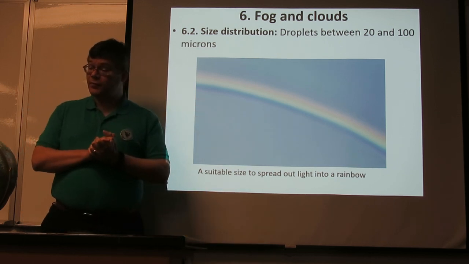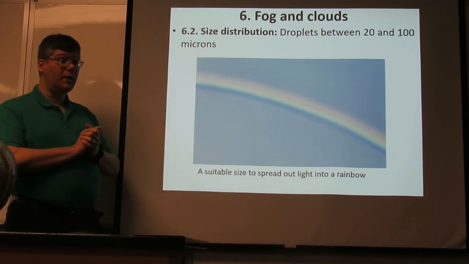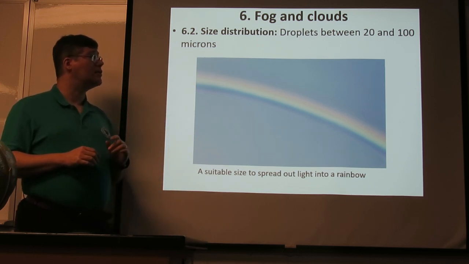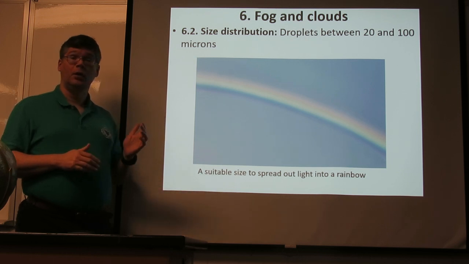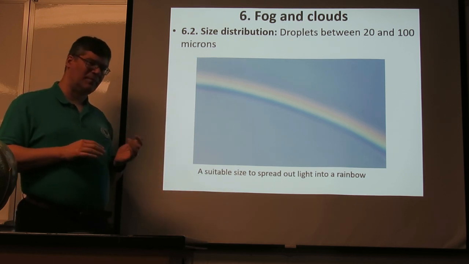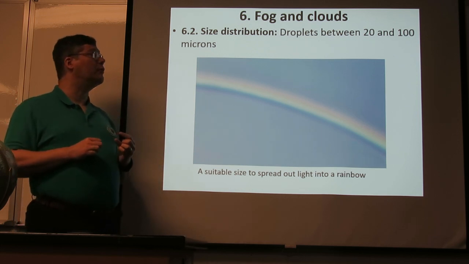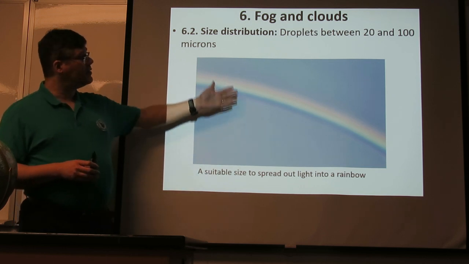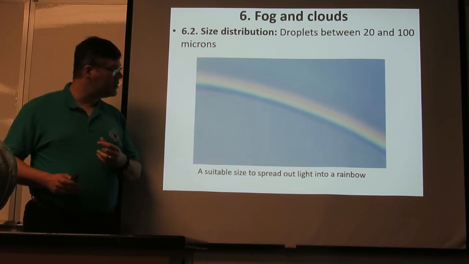Again, droplets making up fog or cloud tend to be in the range from about 20 to 100 microns. 100 microns would be 1/10,000th of a meter. Maybe barely visible if you look really close. Turns out that's a good size for scattering light, making rainbows, things like that.